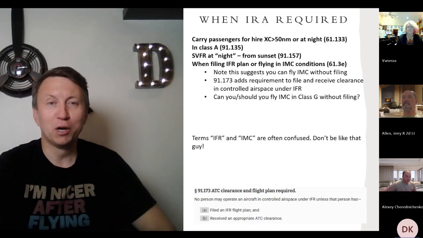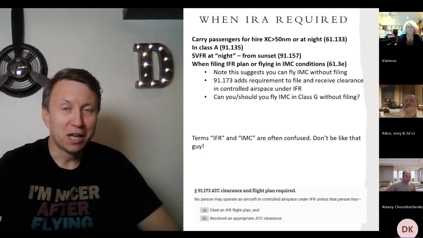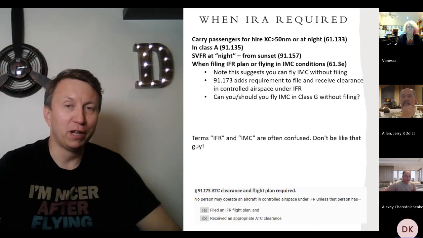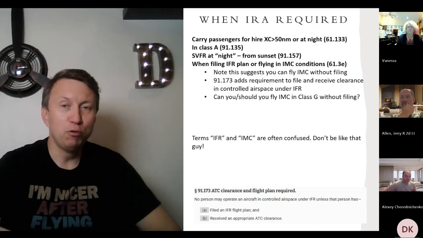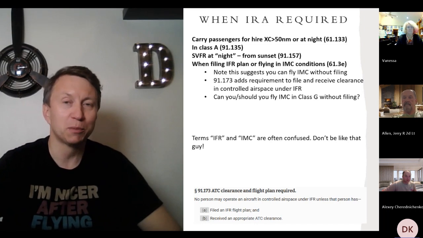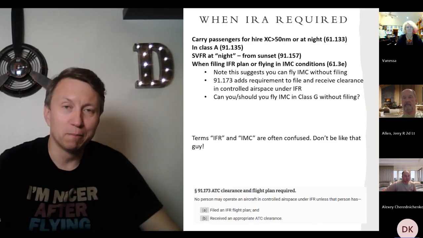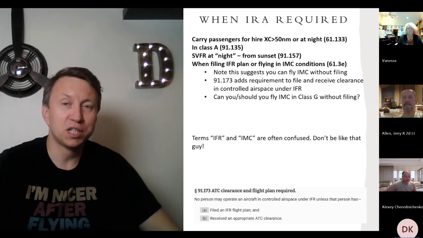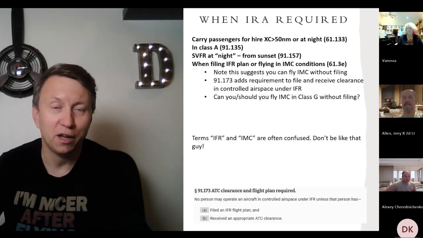So let's look at this one. What it says again: if you have filed an instrument flight plan, it could be a clear day, no clouds, you don't have any IMC even close, but you just decided to fly under an instrument flight plan, which means you get the separation and other services, you have to have an instrument rating, and you have to file and receive the clearance if you're doing that in controlled airspace.